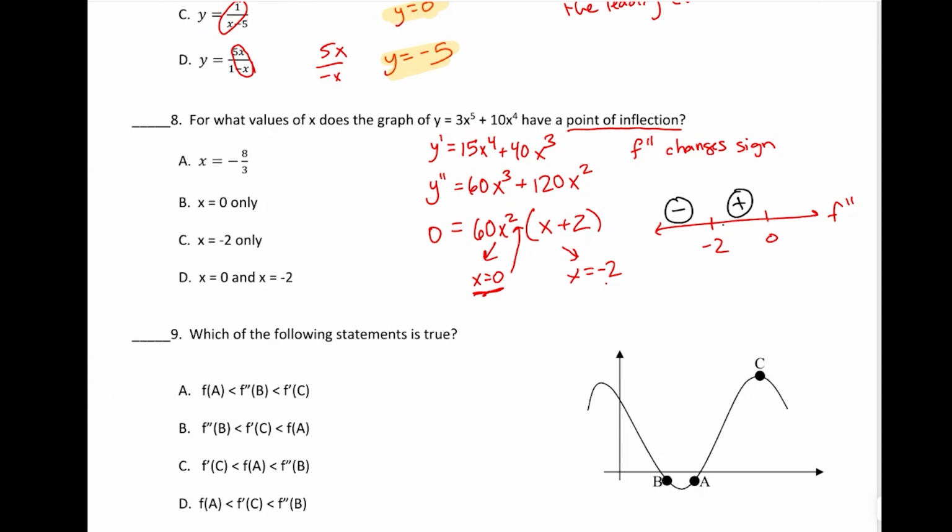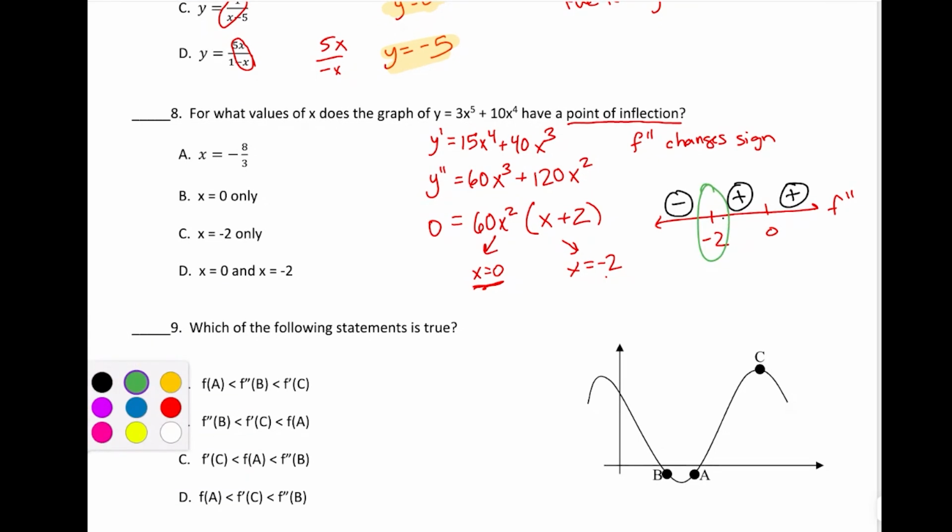If I plug in 10, I'm going to get a positive. So yeah, we get exactly what we were expecting. No sign change at 0, and that's really due to that even multiplicity of that root of f double prime. And so our only point of inflection is here at -2.